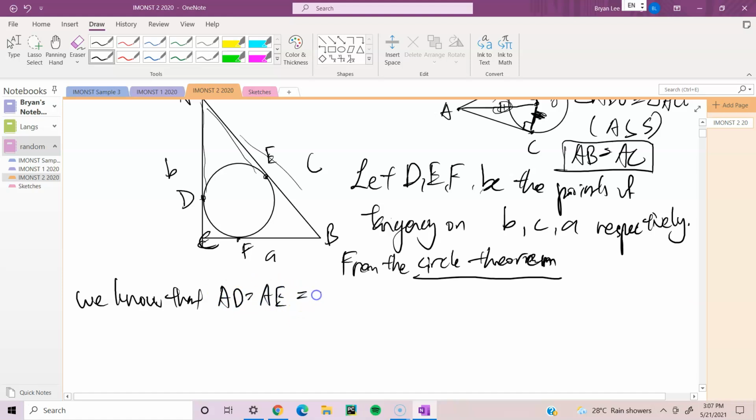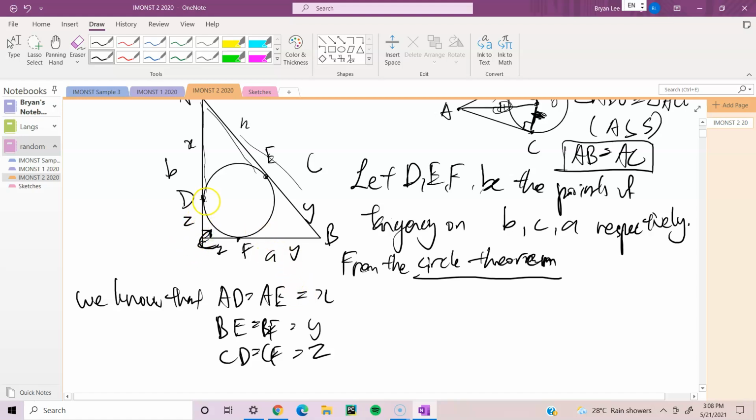So we can set this as some x, right? So we have an x here, we have an x here. And then we would have BE equals BF equals some y here, and then CD equals CF equals some z over here. Now, since this is a right triangle, this one would be 90 degrees.